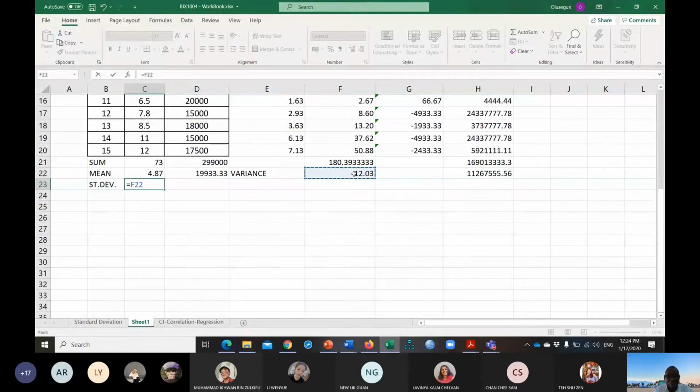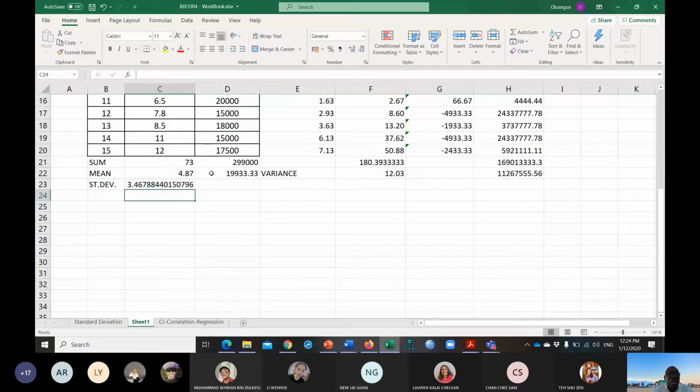This one raised to power 0.5. Anything raised to power half is square root. Let's see. Okay, this is 3.4 something.